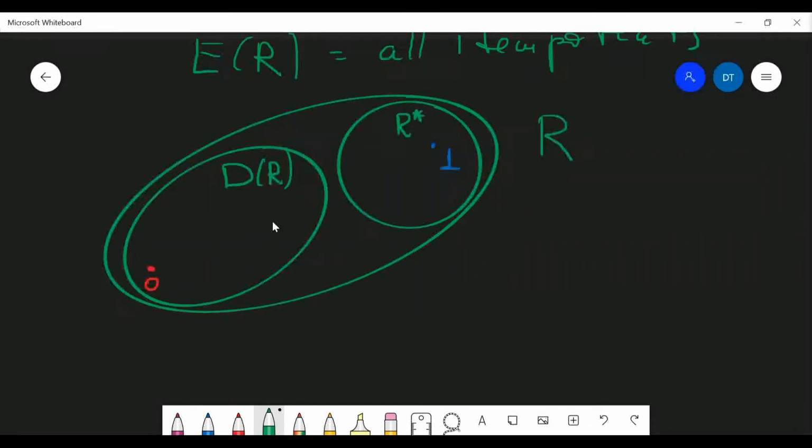And also, they do not cover the whole ring. It may happen that an element is not a zero divisor, but it's not invertible. For example, if you take the ring of integers, then every non-zero integer is here, if it's not 1 or minus 1. Well, almost every integer is here in between these sets. And the set of nilpotent elements is located here inside the set of zero divisors.